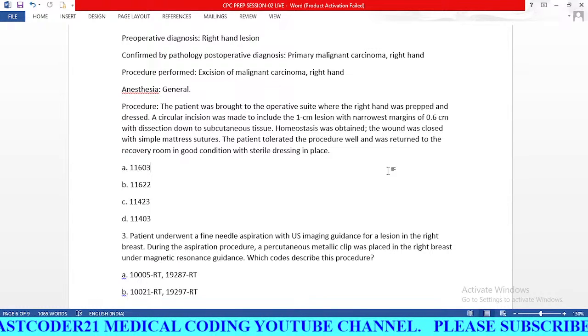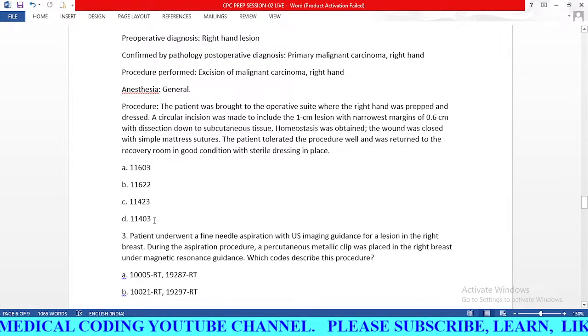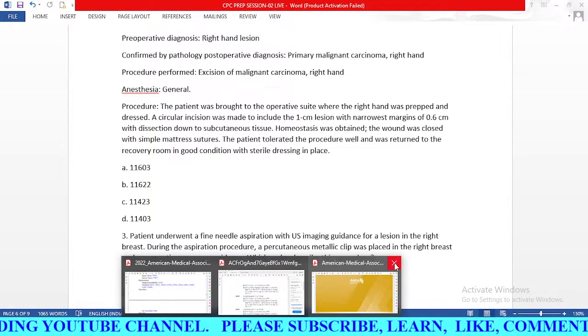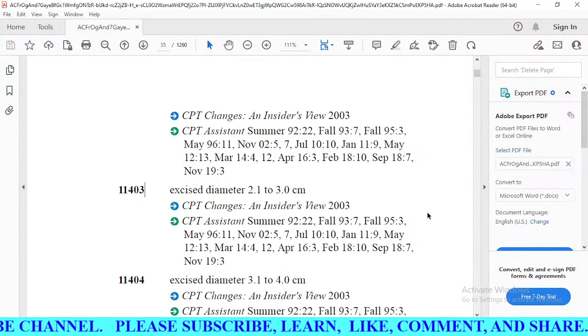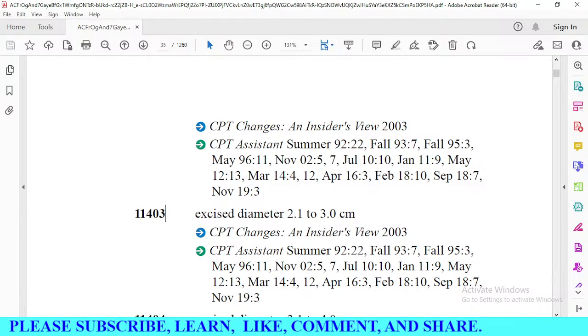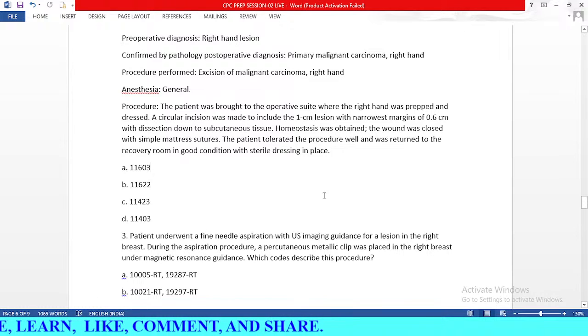I will tell the answer here: 11403. What is 11403? Vinaya, first we will discuss the lesion size, and afterwards we can do the code selection.